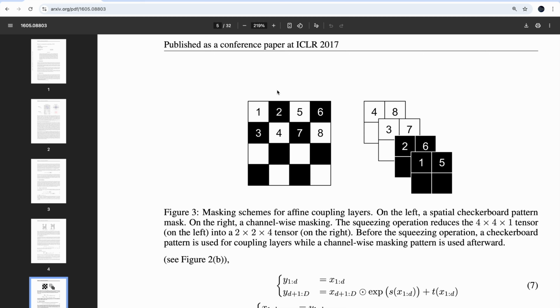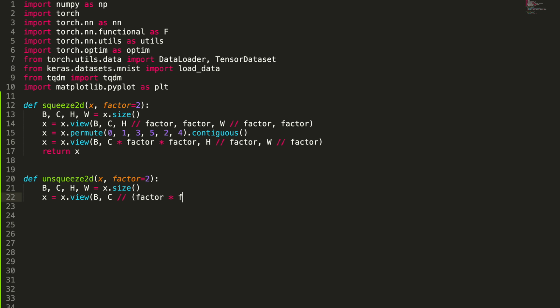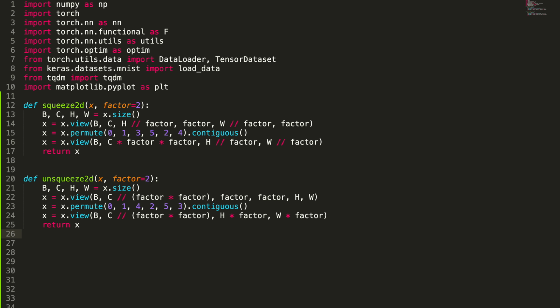So they reduce the spatial dimension by 2, but then they increase the number of channels by 4. That's what is called today pixel shuffling or pixel unshuffling, depending on which direction you go. So the squeeze 2D goes from left to right by just reordering the pixels, and we can do the same with unsqueeze 2D to go from right to left.